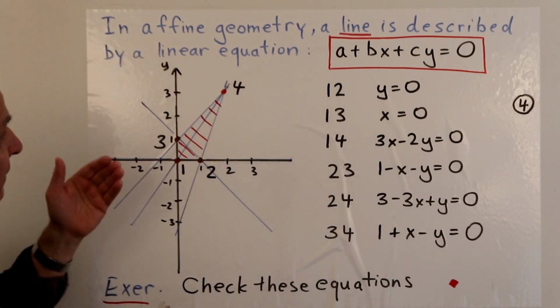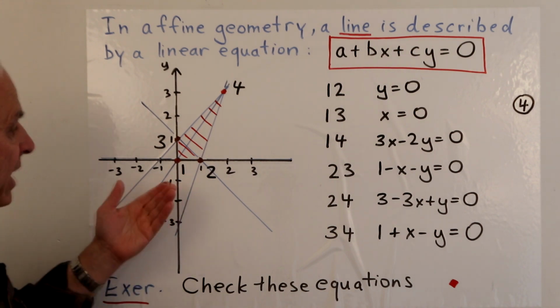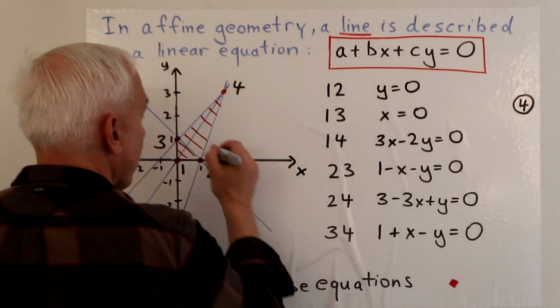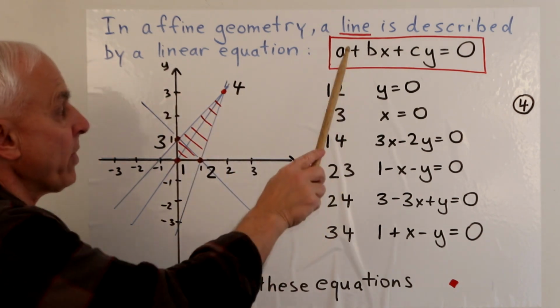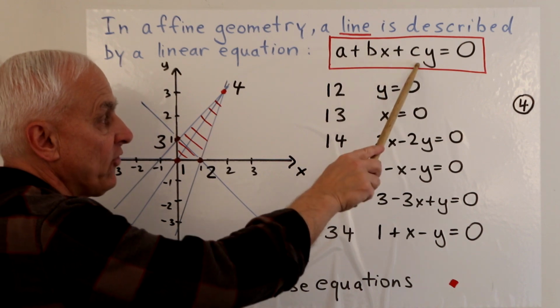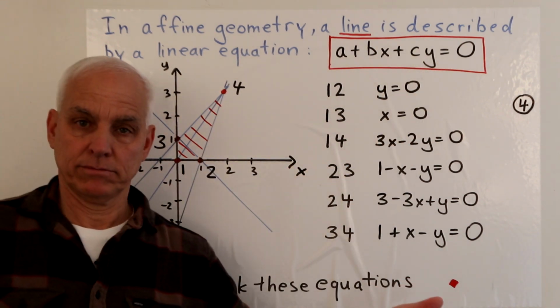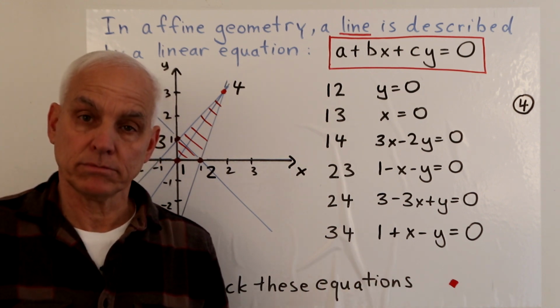So in affine geometry, a line is described by a linear equation in x and y. Those are our coordinates, x and y. And the form of the linear equation is a plus bx plus cy equals 0, where a, b, and c are some numbers, possibly negative or positive, possibly 0.